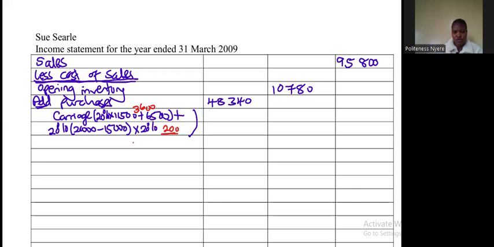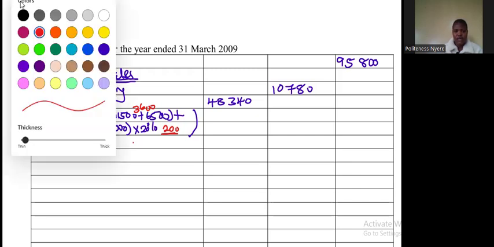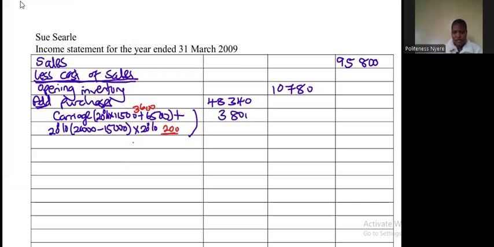If we add the two, it's going to give us an amount of 3,800. I hope here we are clear. Unfortunately, I'm sorry, I don't have a calculator to put here, but basically that is what you are supposed to do. Okay, so now we have our figure for the carriage.